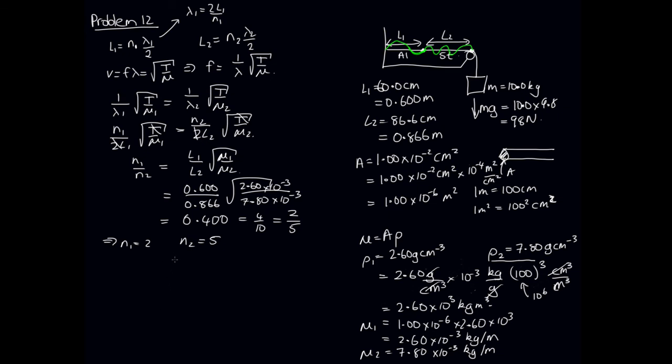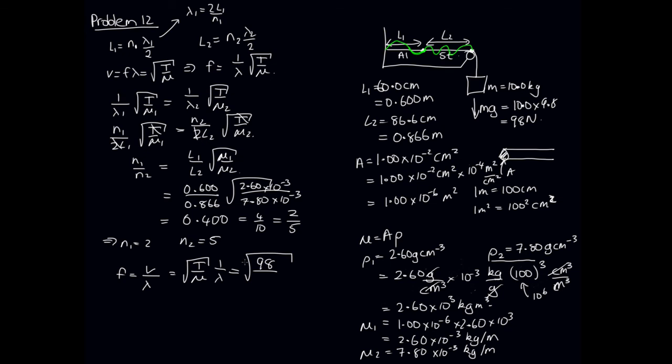Now, what we've been asked to find is the frequency. So just looking at this, we know that the frequency is equal to the velocity over the wavelength. The velocity is equal to the square root of T on mu times 1 over wavelength. And then just considering this first part, L1 here, we've got the square root of the tension's 98.